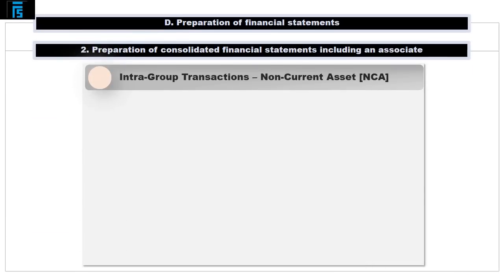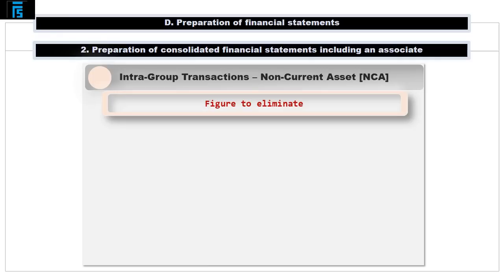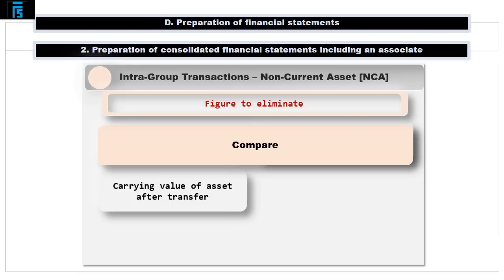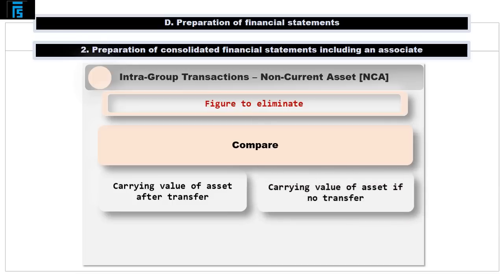We may now move on to the situation in which the unrealized intra-group profit is generated upon the sale of a non-current asset. If this is the case, then its amount, the figure which needs to be eliminated, may be computed by comparing the carrying amount of the asset with the intra-group transfer and without it.